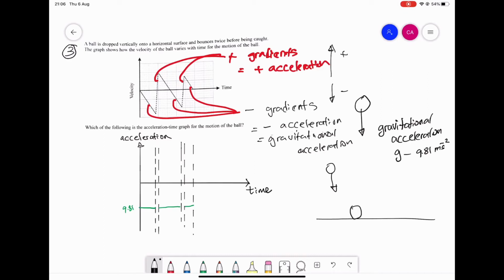At the moment it hits the surface, the downward velocity turns into a positive direction velocity. It quickly changes its velocity within a very short time. Therefore, it results in a positive acceleration in the upward direction. That's why we can see these two positive gradient lines in the graph. Therefore, we can plot that in the positive direction. So we'll get a graph like this.